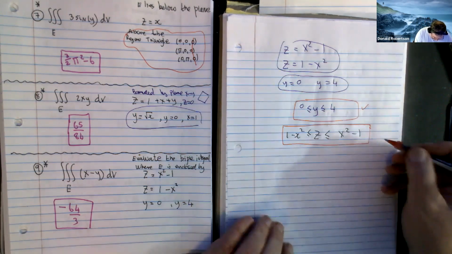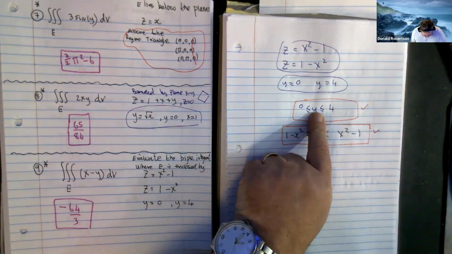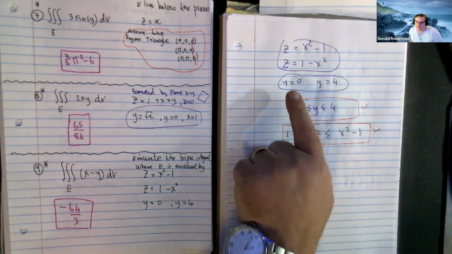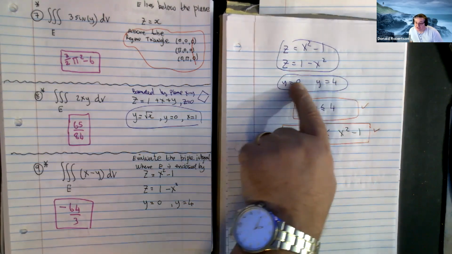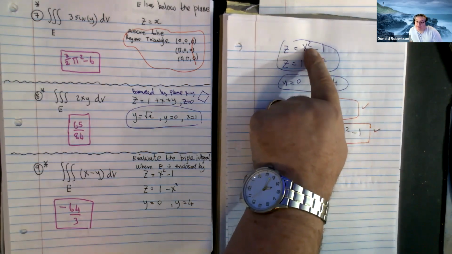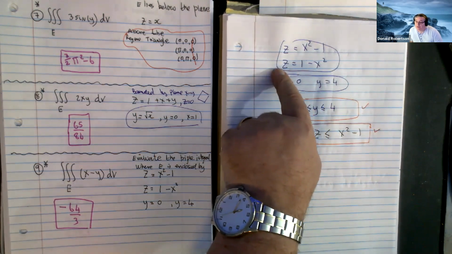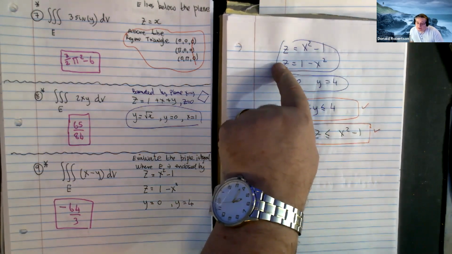So now I've got the y's, I've got the z's. Where are the x's? Well, there's definitely no indication of x's here. And there are some x's here, but they're tied up with these two guys.